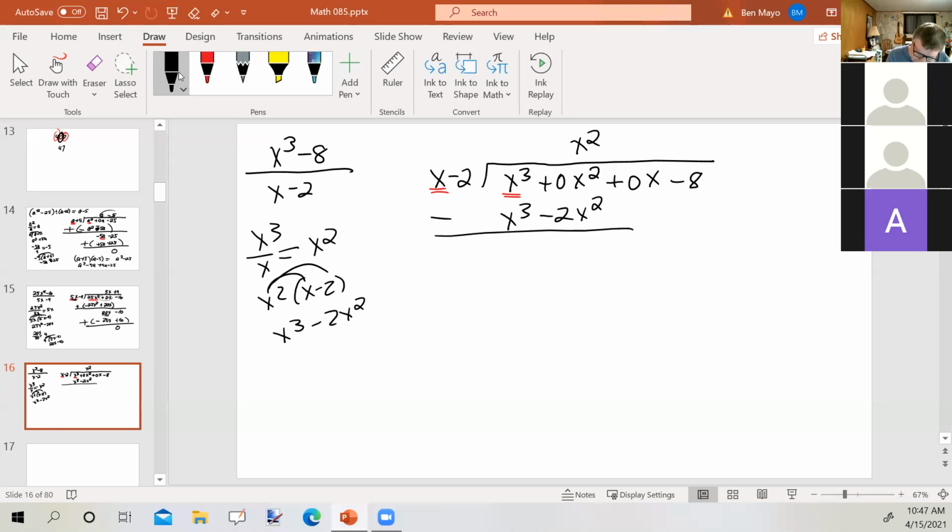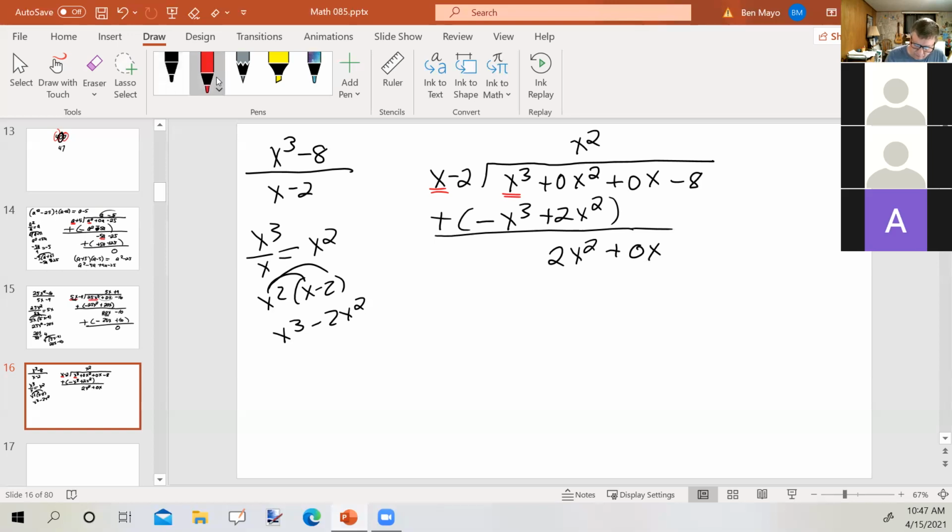We're going to subtract that quantity from what's up above. We'll change it to addition of the opposite. X cubed plus negative x cubed is no x cubed at all. 0x squared plus 2x squared is 2x squared. And I'll bring down the next term, which is 0x.